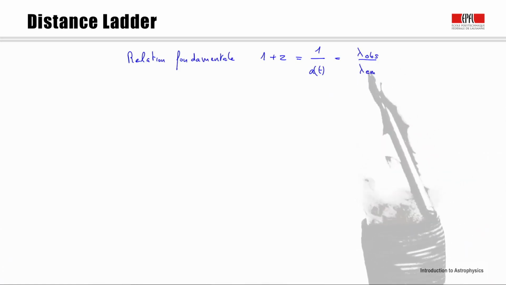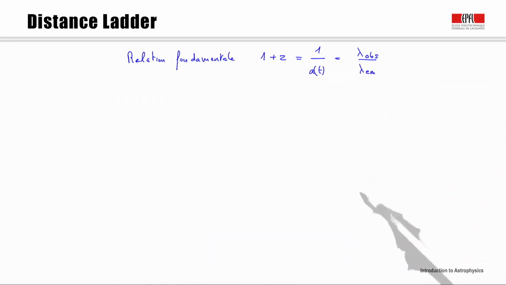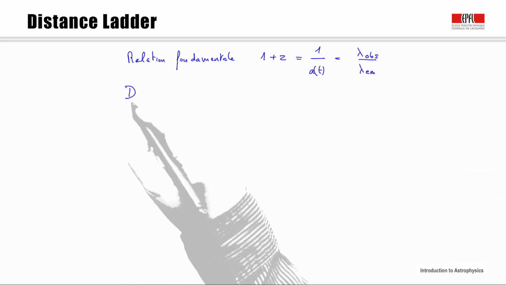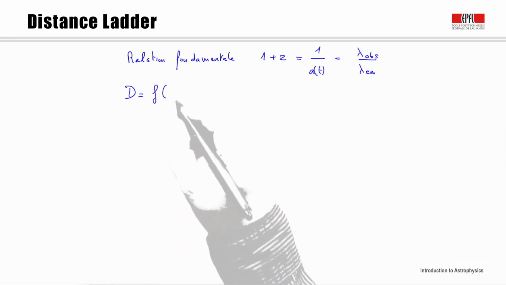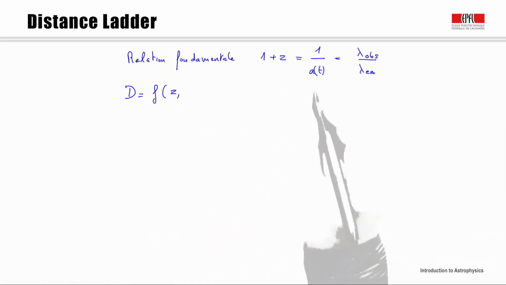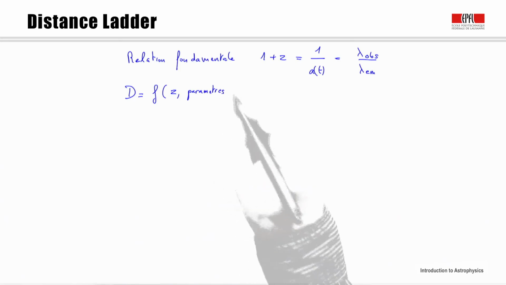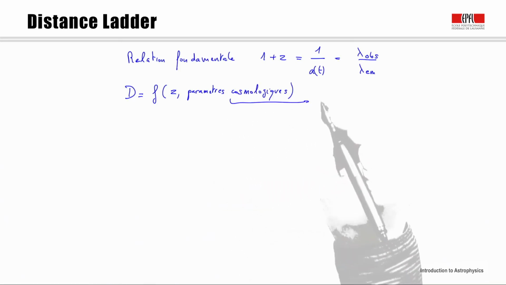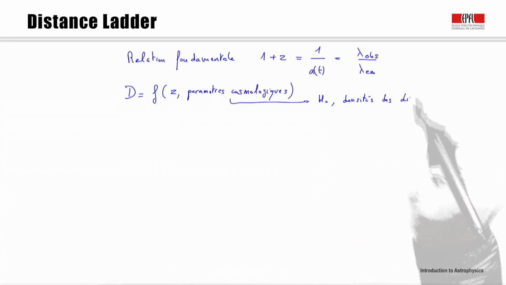That is the wavelength of an object as we would observe it, and the emission wavelength of a signal in the frame of reference of the object that emitted the signal. The cosmological models give us the possibility to determine the distance to the objects, which will be a function of the redshift, or the expansion factor, and the cosmological parameters. These cosmological parameters will be essentially H0, but also the density of the different components of the universe.